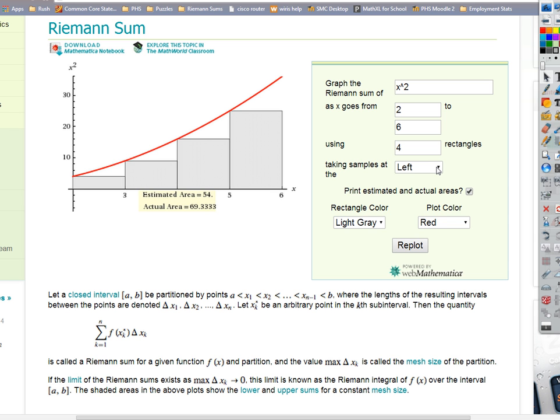Everybody see that? Because remember, we're inflating the rectangles from the bottom. They're inscribed. And this is a function that is monotonically increasing, meaning it's always increasing over our domain at least, right? And so if it's always increasing, doesn't that mean that the left edge is always the lowest edge? Okay, so we'd have to use the right edge then to create the circumscribed rectangles, okay?